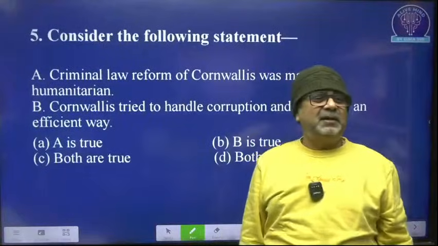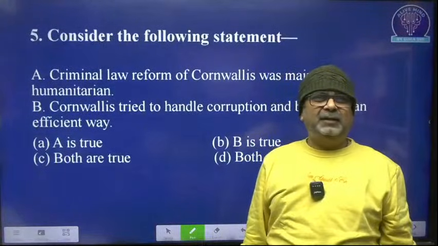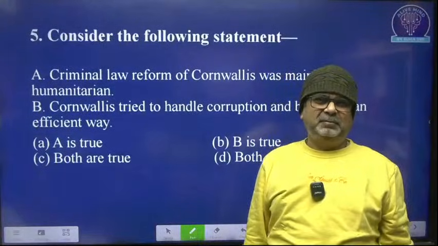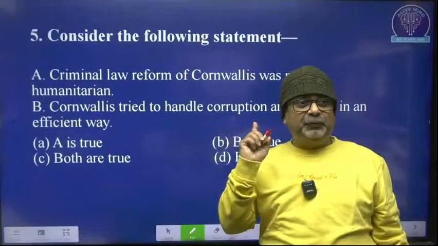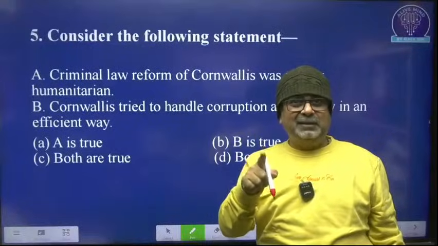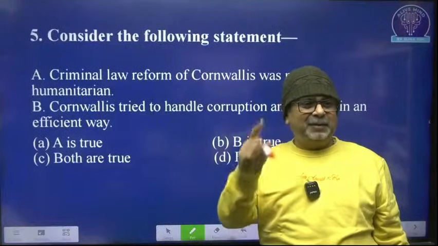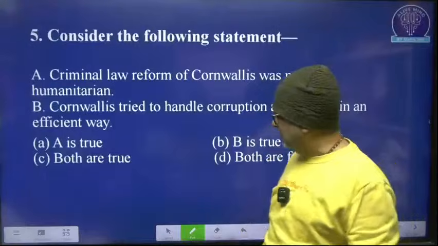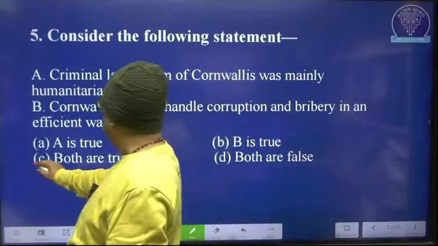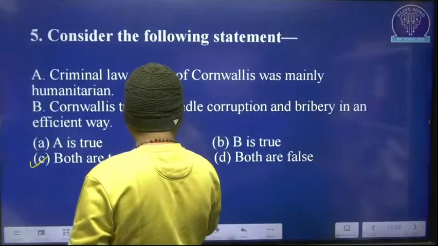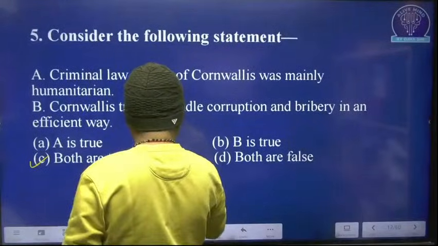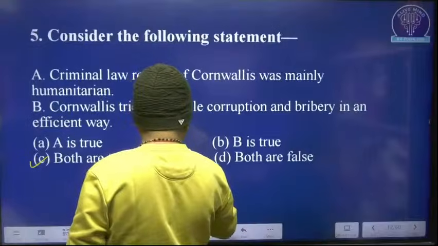But then he says all Indians are corrupt. For his own people he did reform to control bribery, and he says entire India is corrupt. This was his famous statement. Both are true.